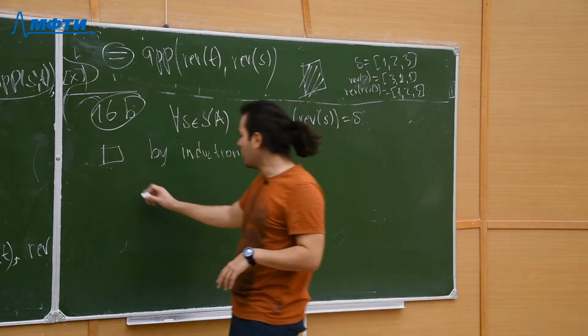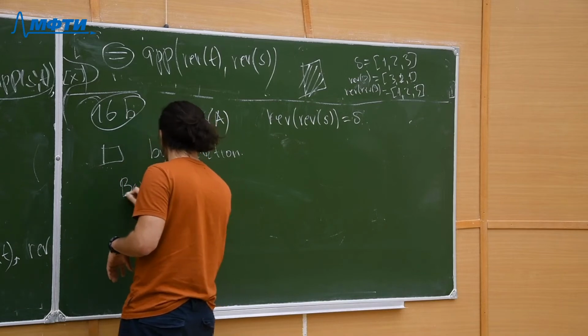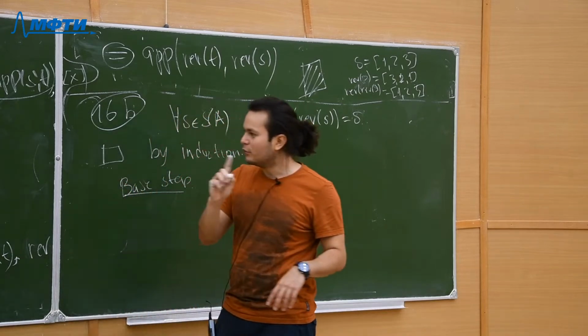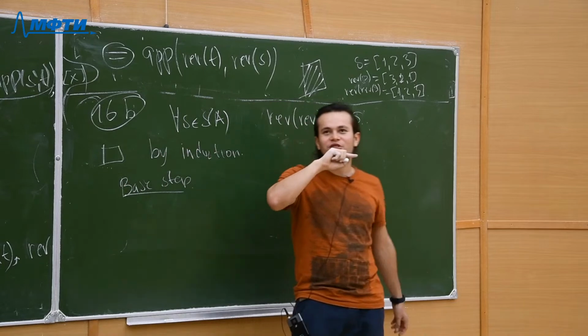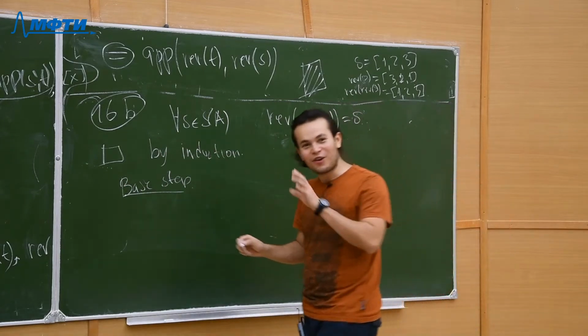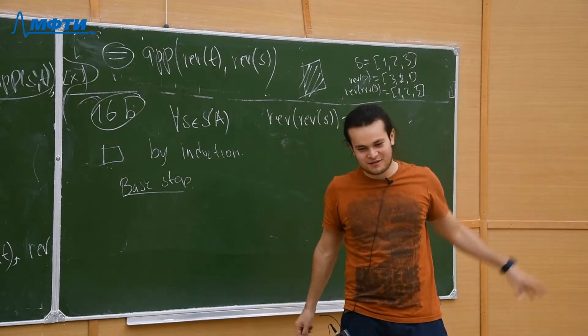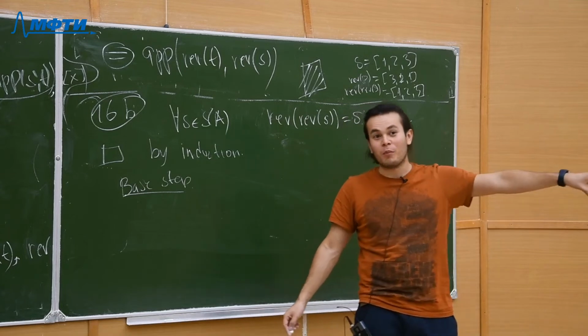Yes, so the base step. You are thinking about strings as sets. These are not sets, okay? We are going to study sets, but I don't know when, like in 1 month, okay?